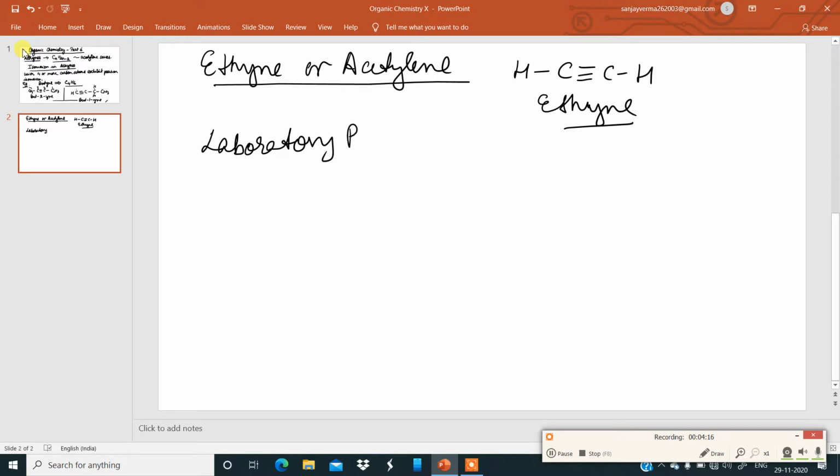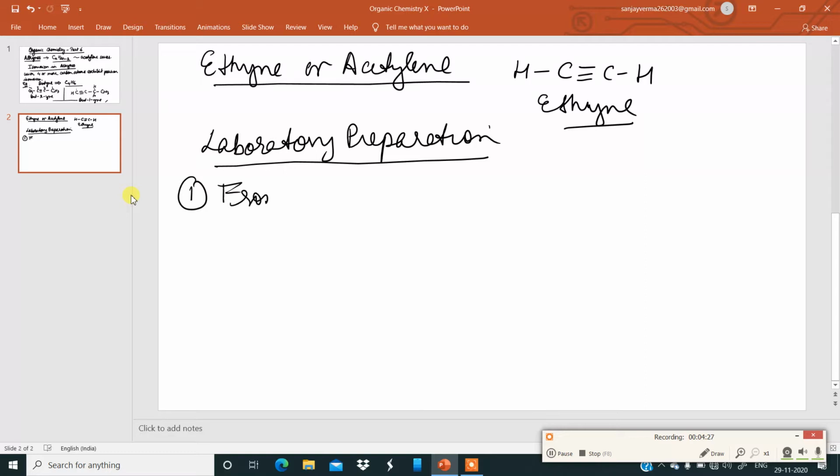Now moving ahead to the laboratory preparation of ethyne. The first one is from calcium carbide, CaC2.